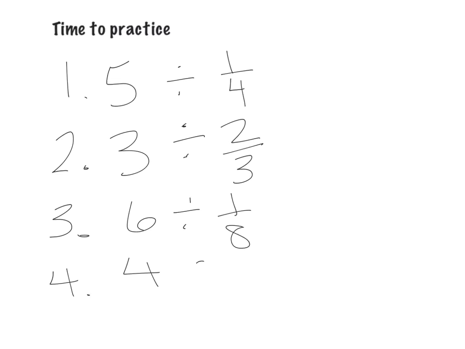And 4 divided by 2/5. So pause this, practice these 4 equations of setting it up where the first number stays the same as a fraction. You do the reciprocal of the second number, where you flip it and you do the opposite of division, which is multiplication.